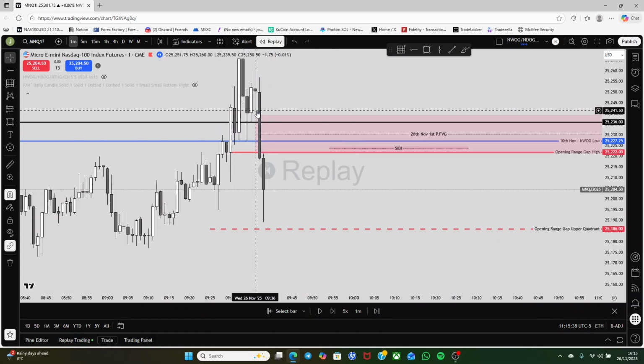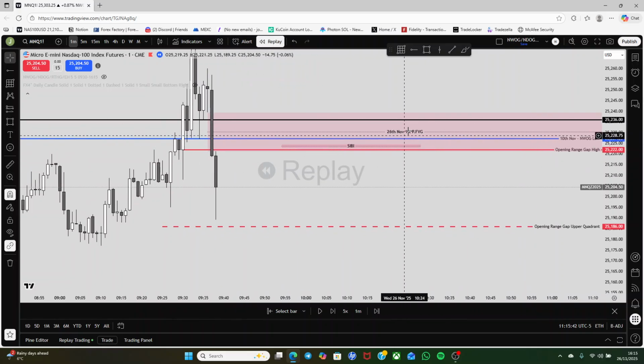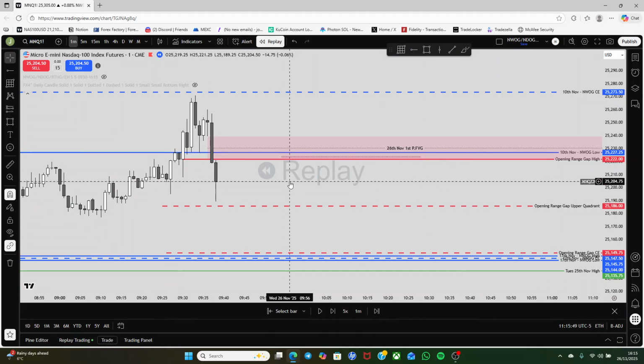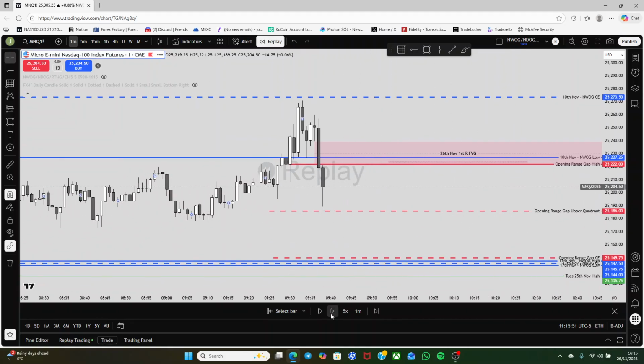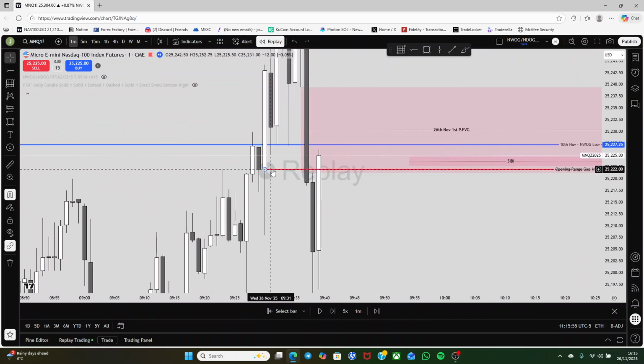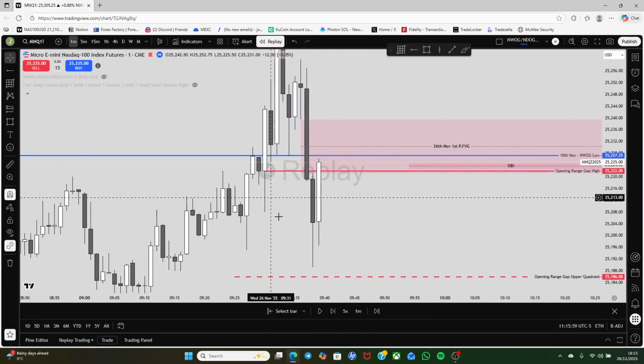So yeah, 9:37 we formed our first fair value gap in the session, which is marked out here, also in line with the new week opening gap low. So yeah, mark that out. Also, opening range gap higher there, all within that fair value gap.